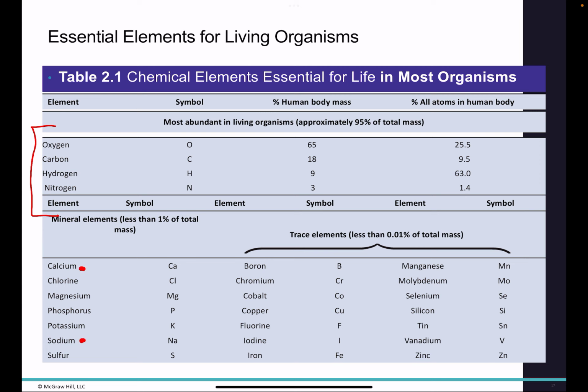Sodium is in our diet quite frequently. That's salt. So many of these you've probably heard of. We'll talk about how they affect living organisms. We'll talk about the ones that are required for different cell functions, but we won't talk about all of them. Our main focus is actually going to be on carbon and how it works as the backbone for our important biological molecules.